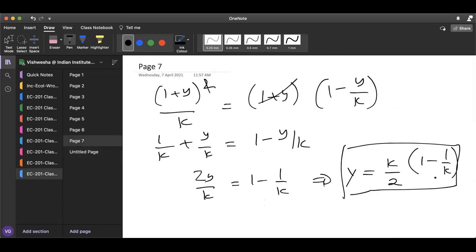You will note one thing here very quickly. Y is equal to this, but we've always wanted y to be greater than 0, right? This implies that 1 minus 1 by k has to be greater than 0, so k has to be greater than 1. If k is less than 1, you will not find this bistability.